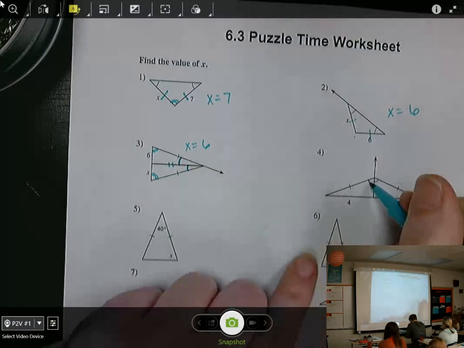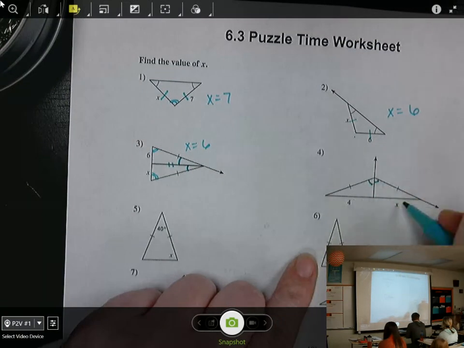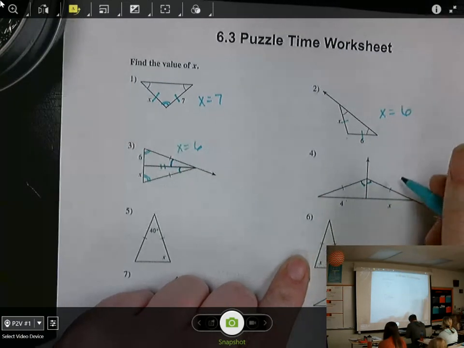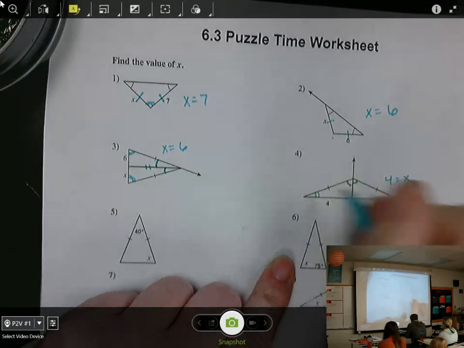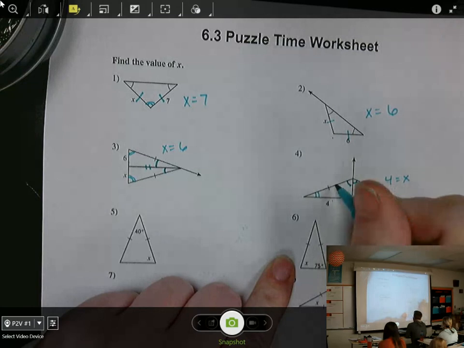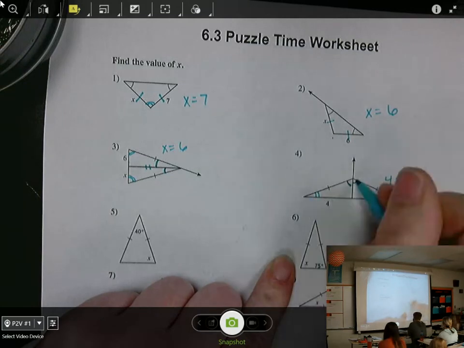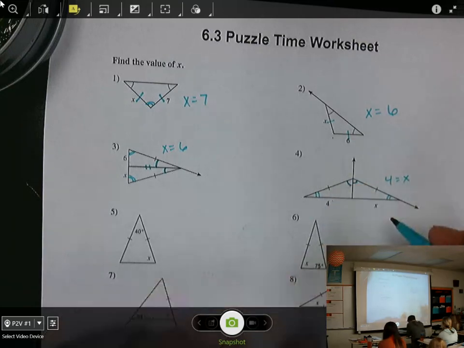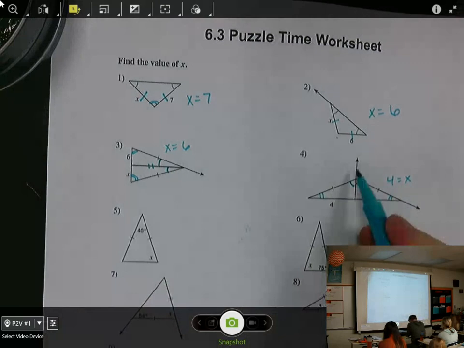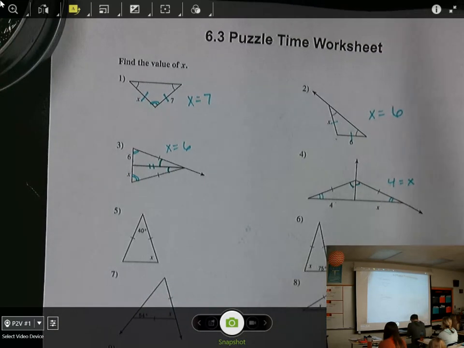Same over here. This angle is marked congruent to this angle, so we can go ahead and say that 4 equals X. Again, this angle would be congruent to this angle because these two sides, look at this like one big triangle, like one big isosceles triangle, and then that line just pretty much cuts it in half.